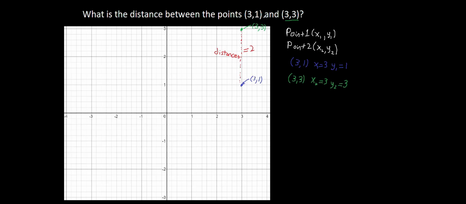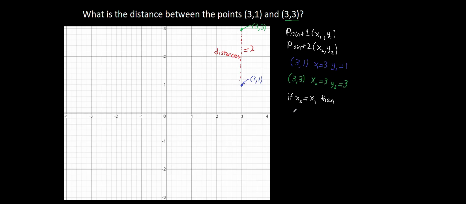But let's develop a framework for how we would approach this if we couldn't graph it, and maybe these numbers aren't quite as easy to wrap your head around. Let's do this in the same way we did with the y's. We can say that if our x2 is equal to our x1, so if our x's are equal, that means that as we move from one point to the other, we are not making any change in the x direction.